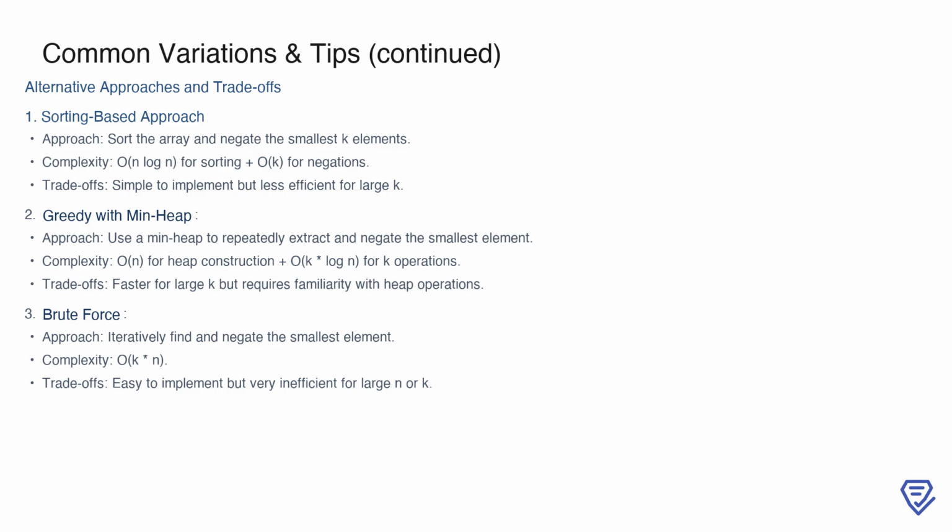By building the heap in O(n) and performing up to k operations in O(k log n), this method is faster for larger values of k but requires familiarity with heap operations. Finally, there's the brute force approach, which iteratively finds and negates the smallest element. While straightforward, it is computationally expensive, with a time complexity of O(k * n), making it impractical for larger inputs. Understanding these trade-offs helps you choose the best method for a given scenario.